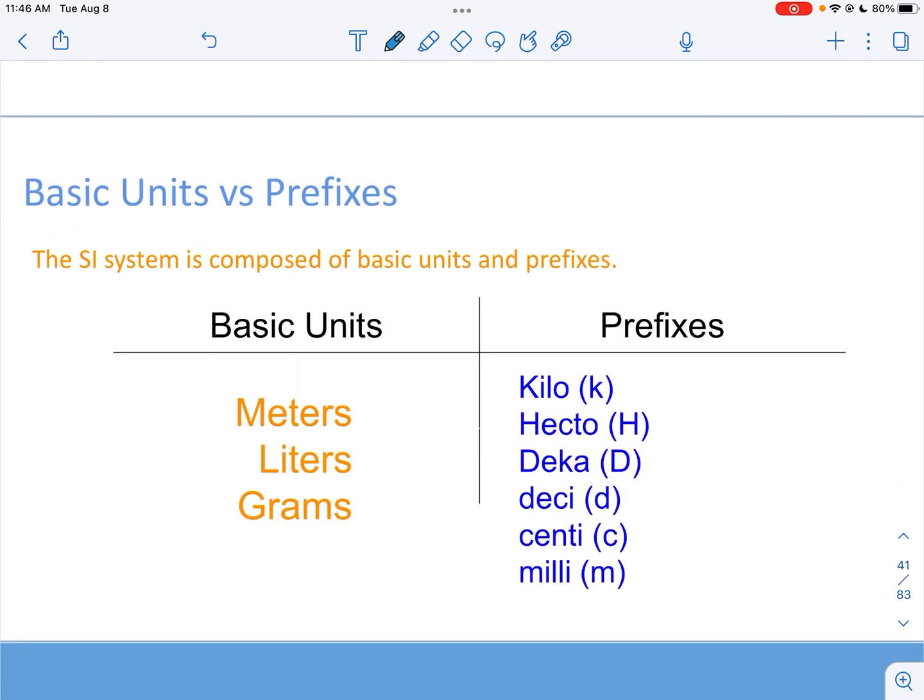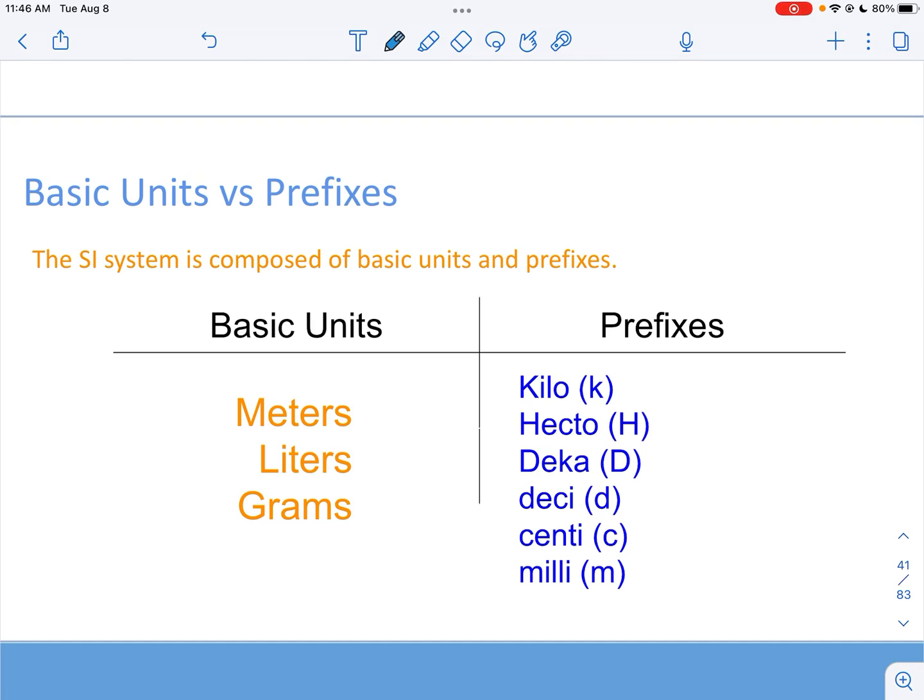The reason the SI system is so easy is because everything's based on 10, so we're not really having to change much about the number. We're simply changing how large or how small the number is. And the way that we do that is we can use prefixes. I'm sure you've heard most of these prefixes before.